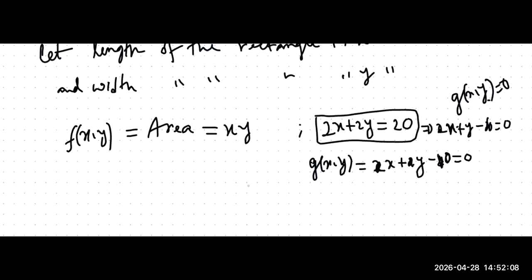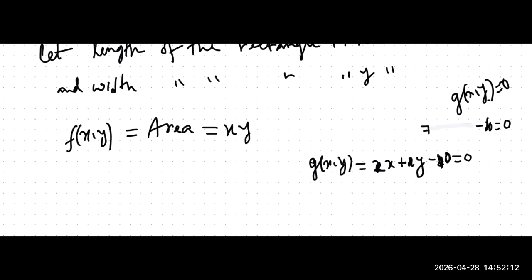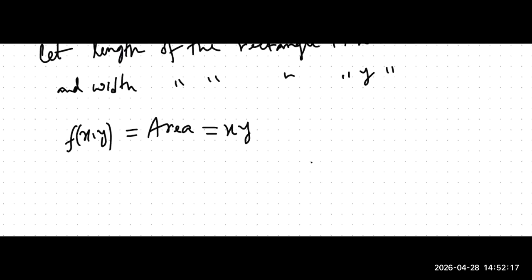So let me write this more clearly, in case anyone is confused. The given condition is that the perimeter of the rectangle is 20 units. So 2x plus 2y equal to 20. We can divide the whole equation by 2, so x plus y equal to 10.